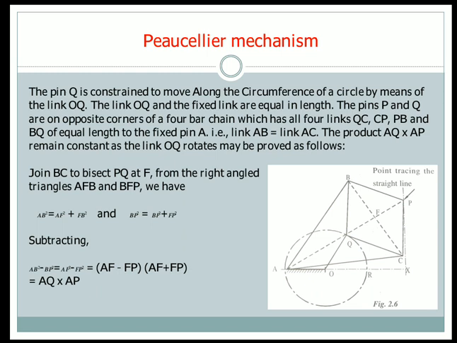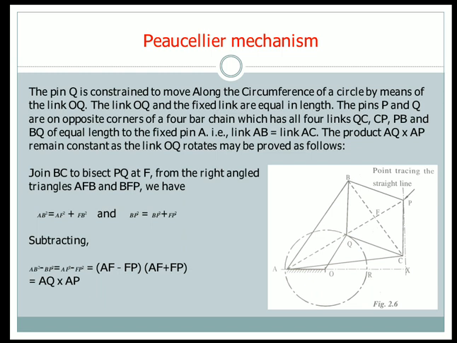The point O is fixed. Q is made to move along the circle of radius OQ. Here the lengths of links OA and OQ are the same. The pins P and Q are at opposite corners of a 4-bar chain which has all 4 links QC, CP, PB and BQ of equal length, connected to fixed pin A.